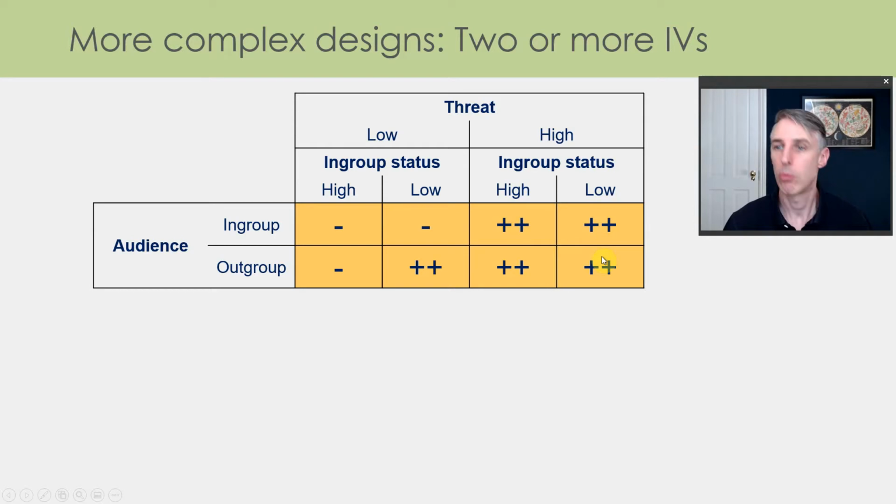When we feel threatened, we see tension, we see conflict. Okay, and actually we're only going to see that two-way interaction that we saw a little bit earlier only in the low threat condition. So again, no effect of status in the in-group audience condition, but there will be in the out-group audience condition.